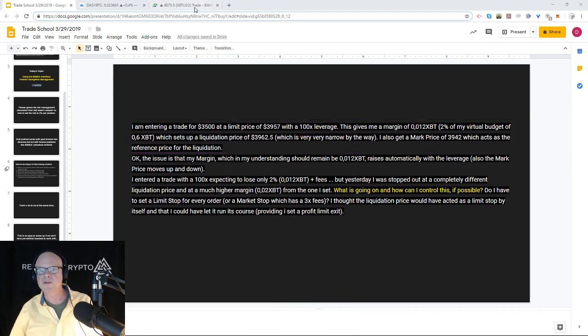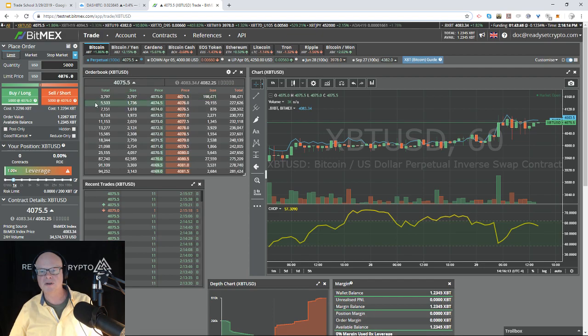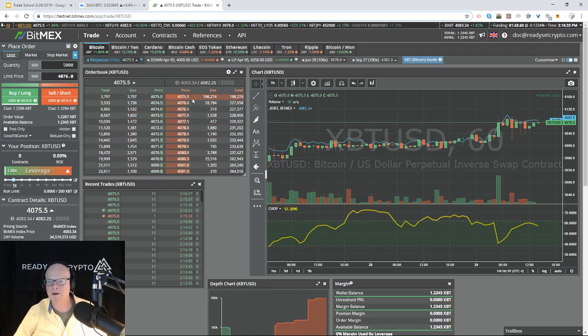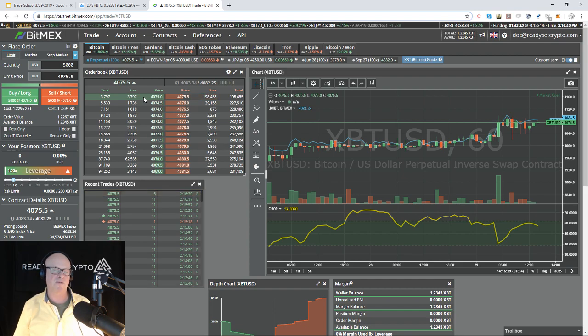So if we look at the depth of market right now, here's the order book. We're running 40.75.5 on the offer, and we're running 40.75 on the bid. So you've actually got only a $0.5 wide spread between bid and offer, so that's good.